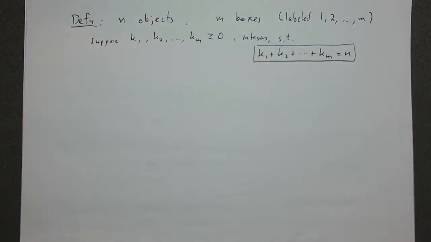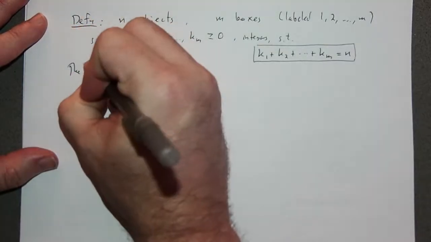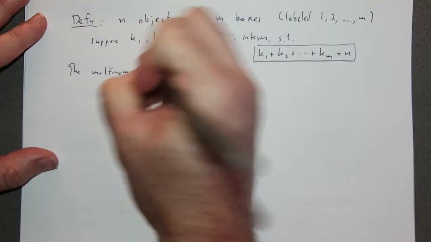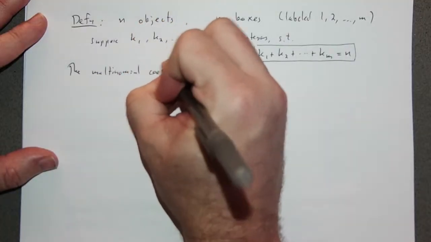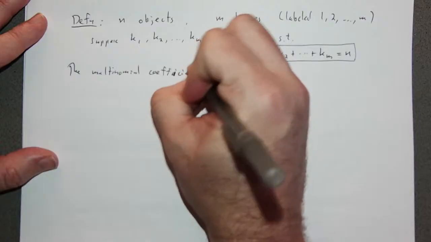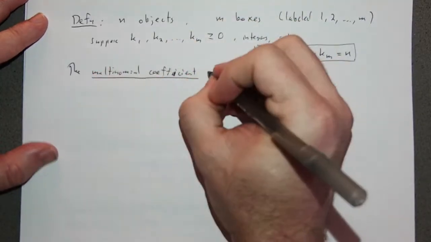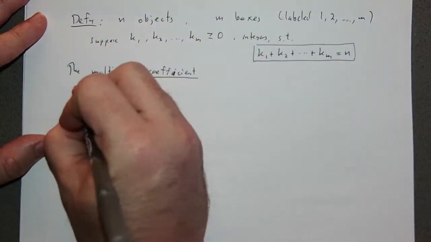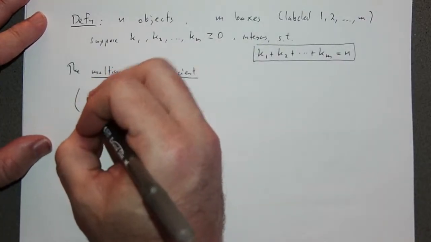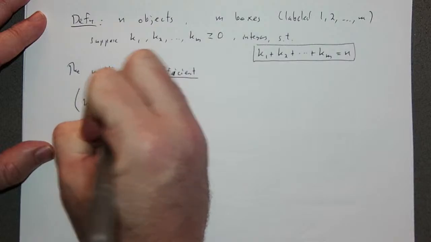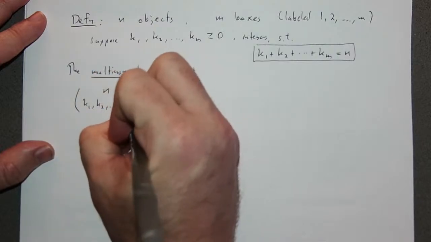Okay. The multinomial coefficient, which is n and then k1, k2, and so on out to k sub m.